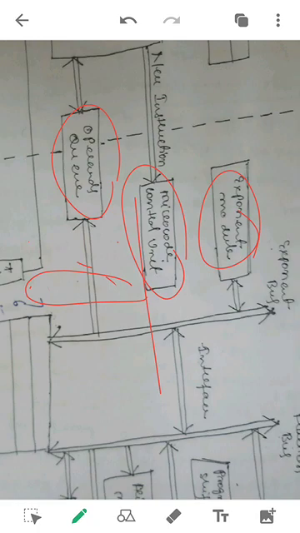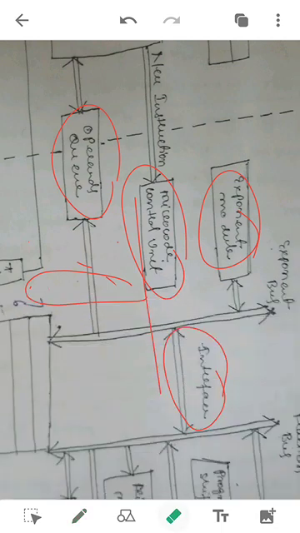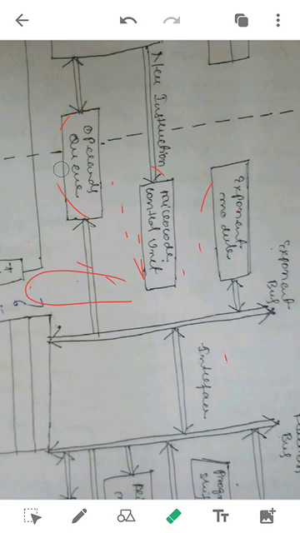Then we have an interface here which makes the interface between the two. So this is the architecture of the 8087. We are connecting this with the 8086.